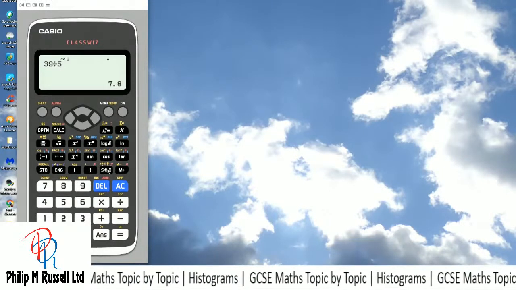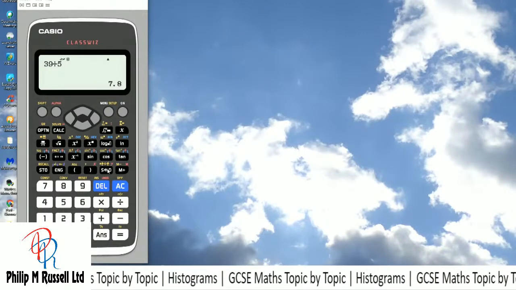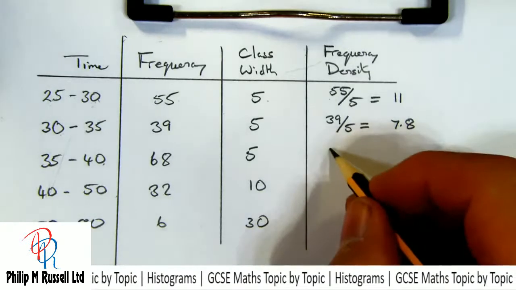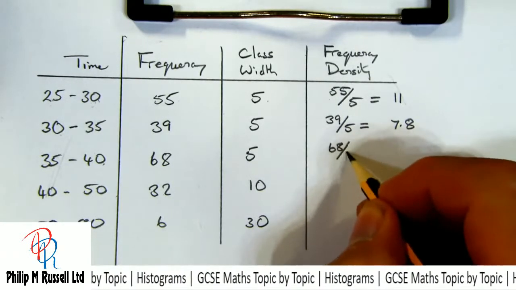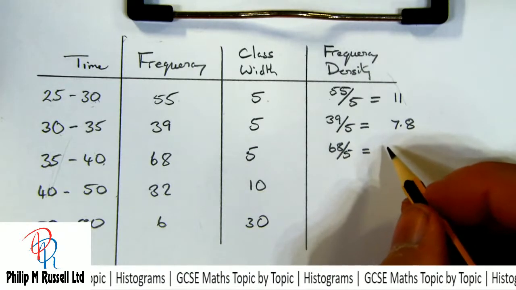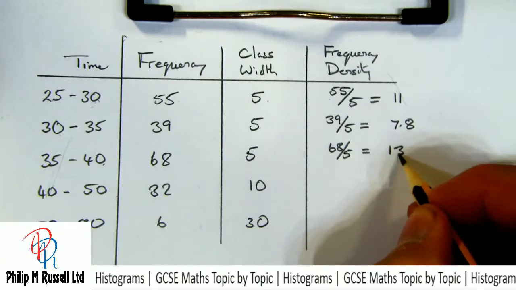My next one is going to give me 68 divided by 5, and that on the calculator is going to give me 13.6.